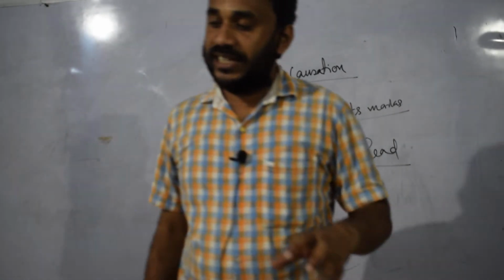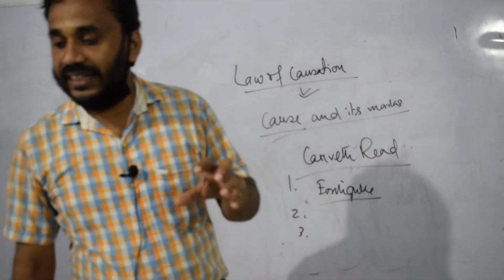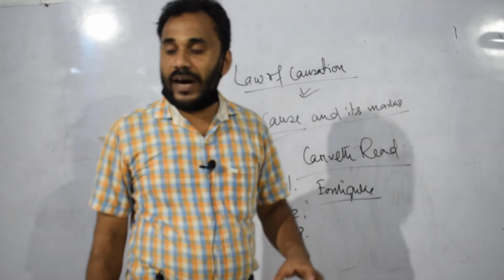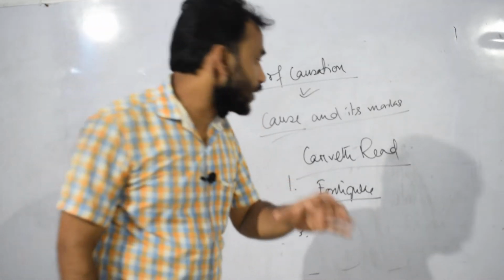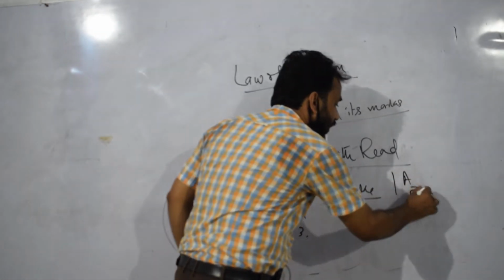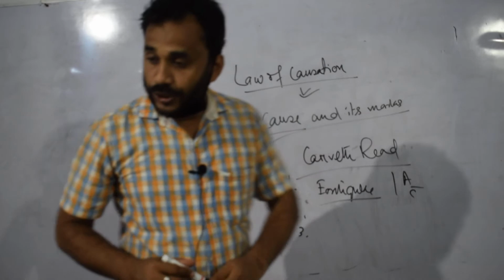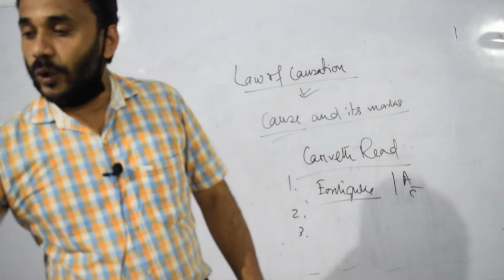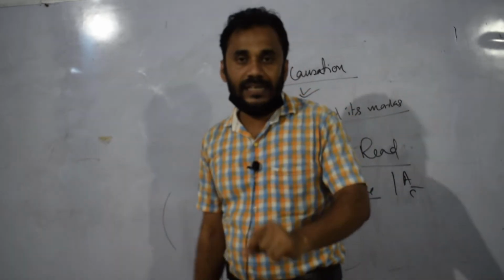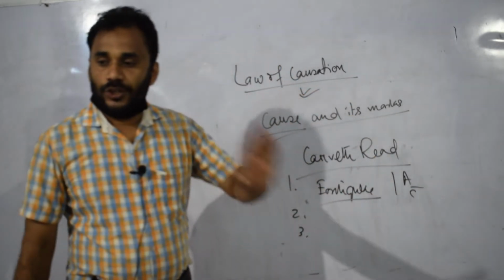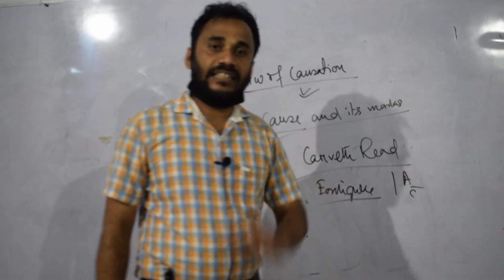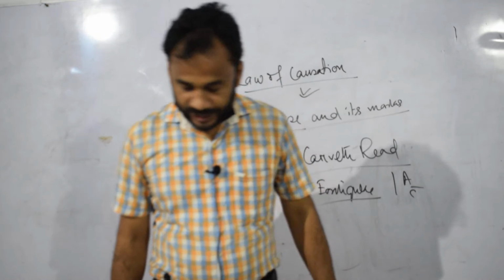When two events happen successively, then the preceding one is called antecedent and the following one is called consequent. So the cause is always antecedent and the effect is always consequent. Keep in mind that the cause is always antecedent and the effect is always consequent.